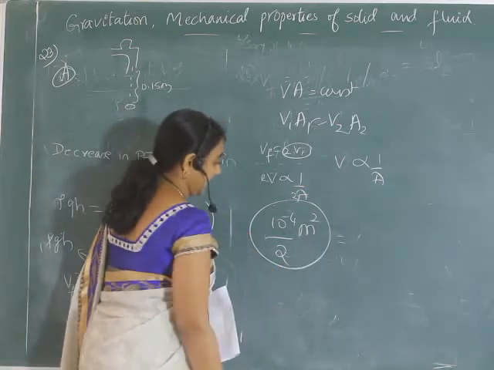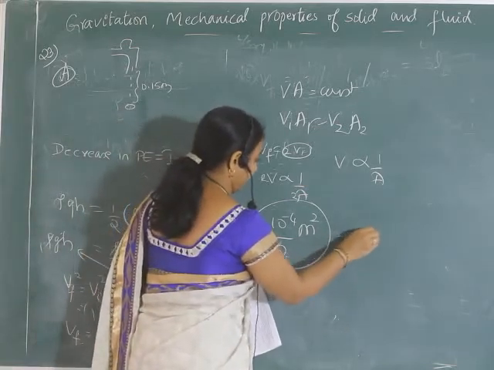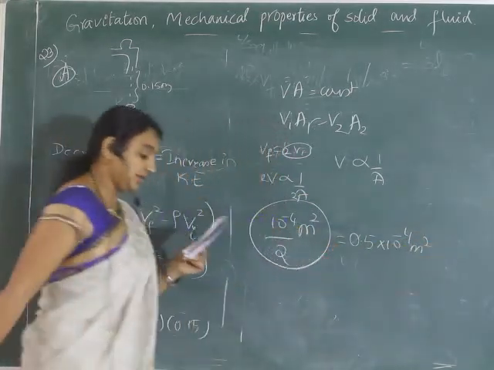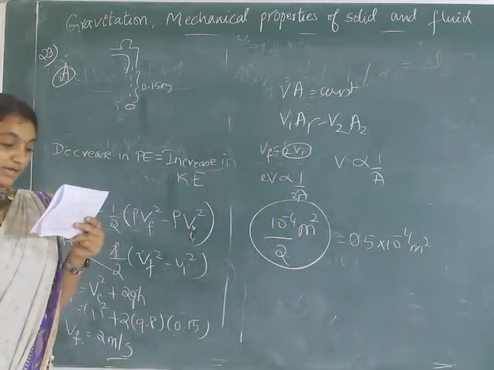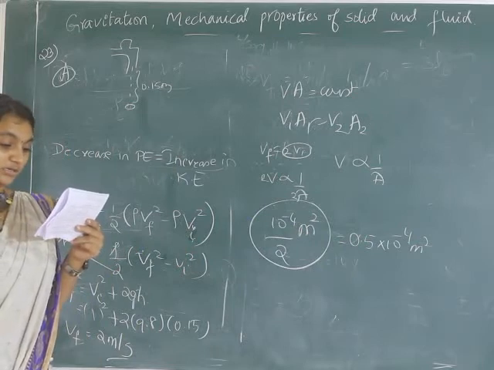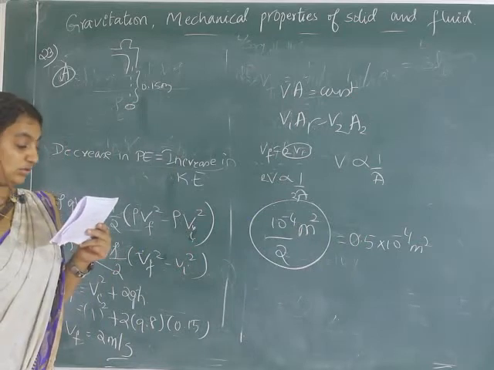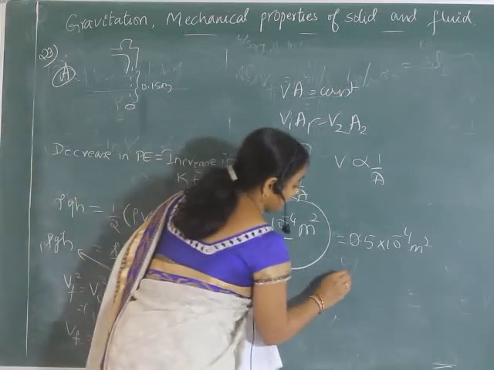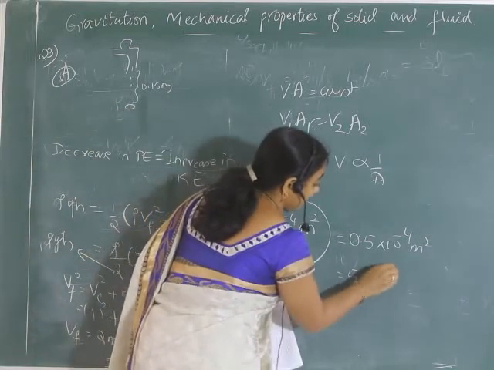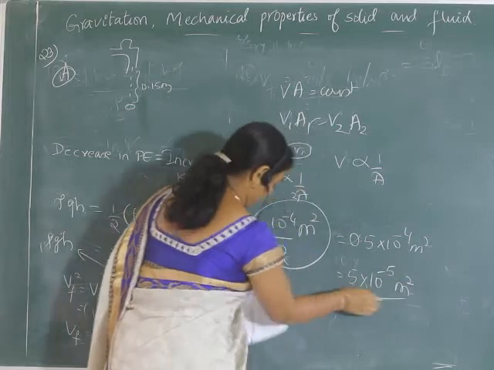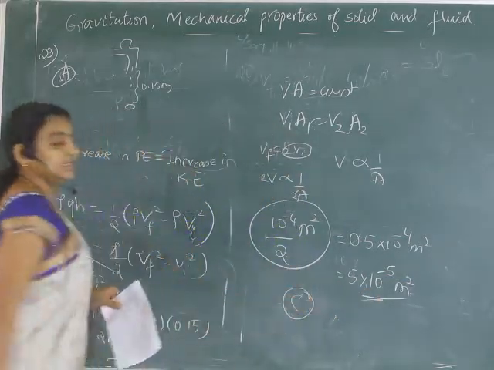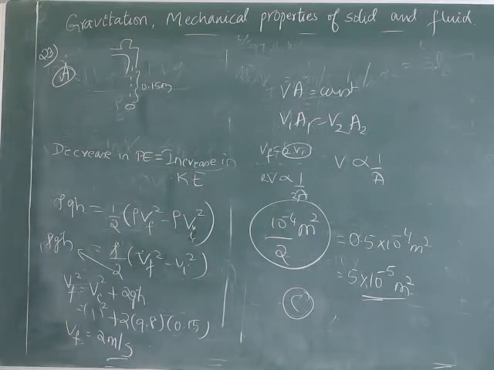Then I can say 0.5 into 10 to the power minus 4 meter square. Are we having that option? No, 5 into 10 to the power minus 4 is there. So I can write 5 into 10 to the power minus 5 meter square. Do we have that option? Yes. C is the answer.